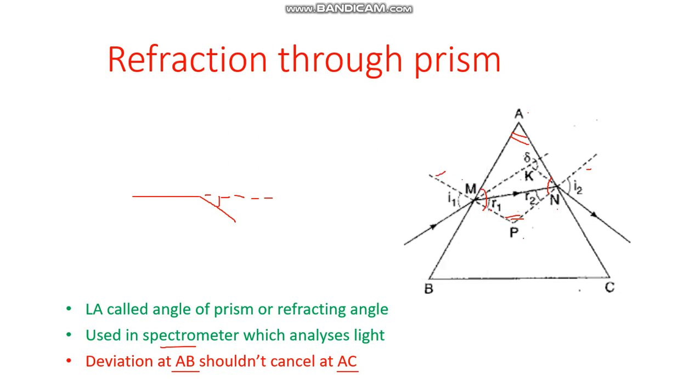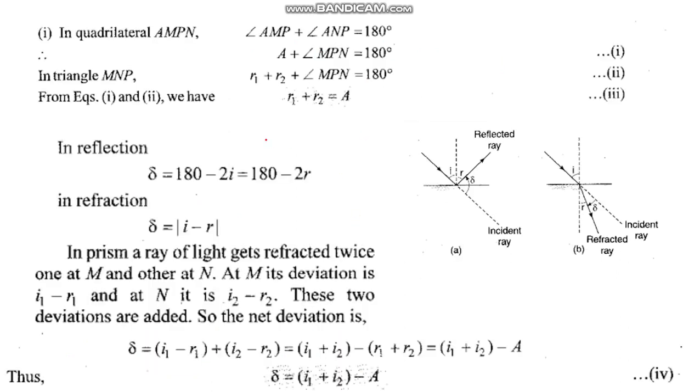And here we are calling this angle R1 and this angle R2. So we got to an important point here. This is what we have discussed. How are you getting this?